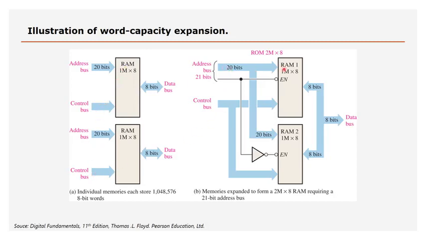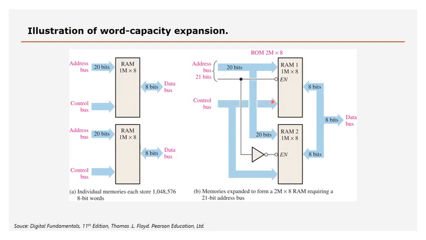So the way you connect a word capacity expansion, as you can see, this RAM can only have 20 address bits going to it. And in parallel with that, the bottom RAM, RAM number 2, has also got 20 bits going to it. It can't have more than that. But let's first of all just look at the control bus. Again, the control bus of RAM 1 and the control bus of RAM 2 is also in parallel.